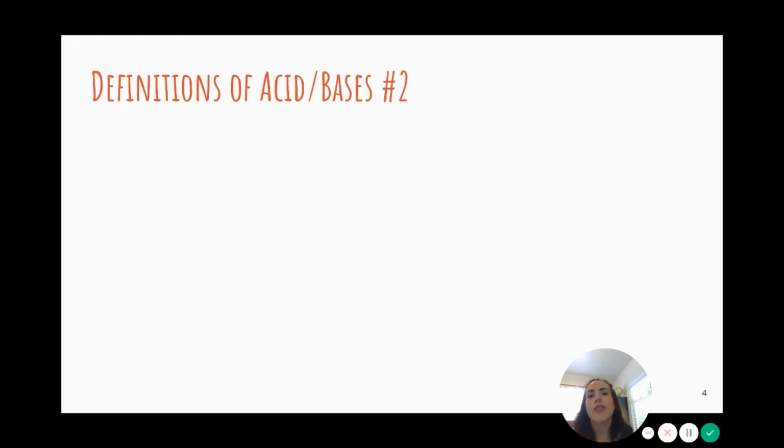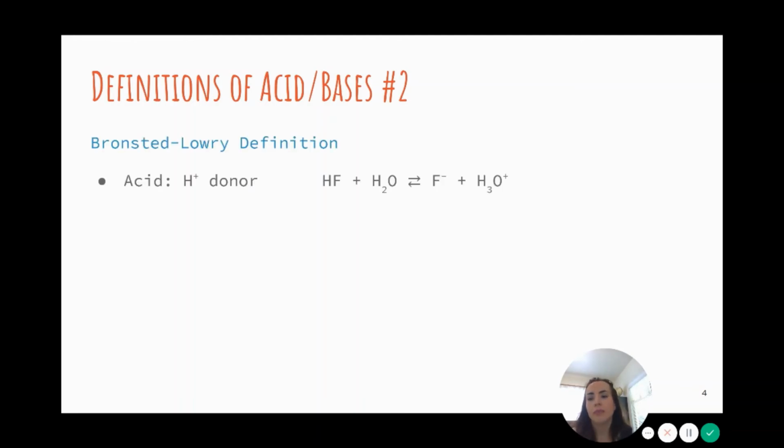Now our second definition of acids and bases, our Bronsted-Lowry definition. In this case, we have an example of a reaction. Now notice that my arrows are going back and forth. The reason these arrows are going back and forth is that hydrofluoric acid is actually a weak acid, which means that it doesn't break apart 100%.